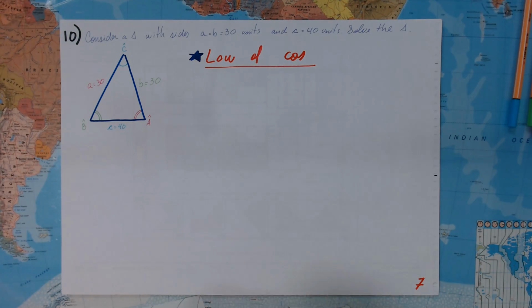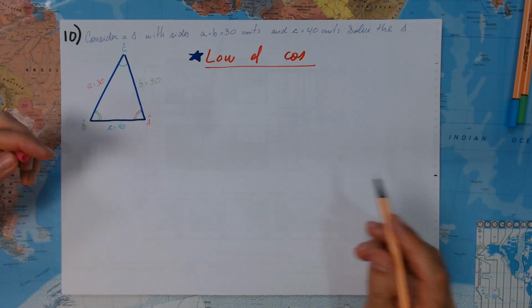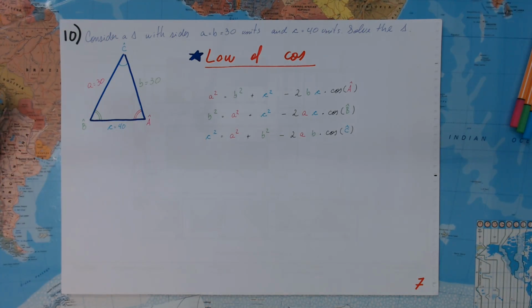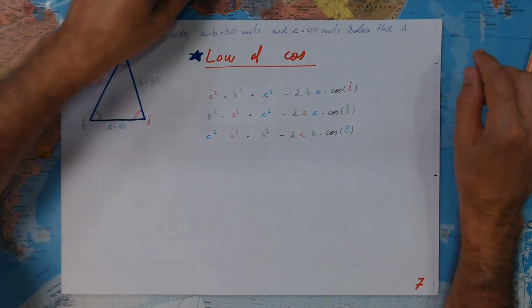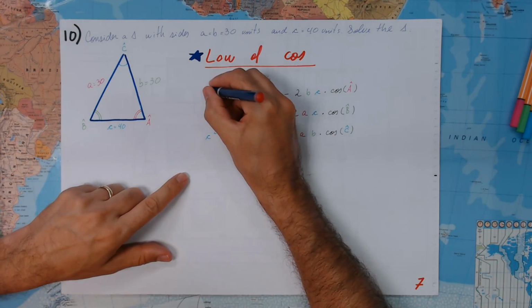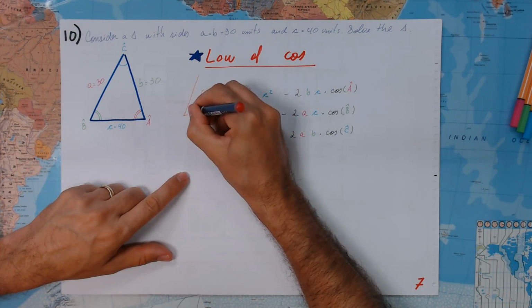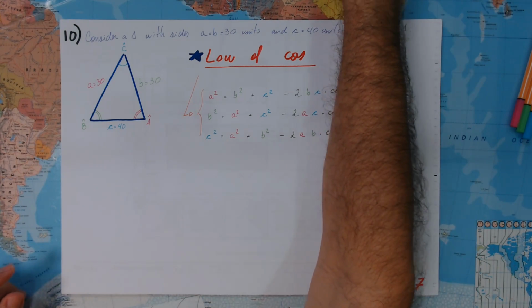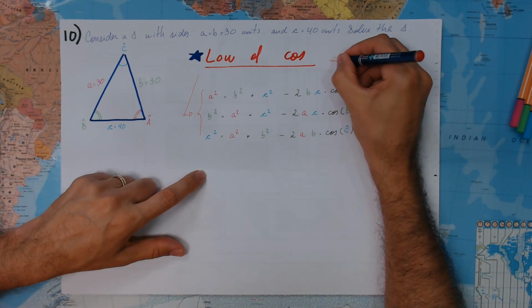We're going to use this law every time we have two sides and one angle in between, or just three sides, okay. But before, let me just write all the three formulas in here. And here are the three formulas that belong to this law. And I'm just going to write in here when we are going to use this formula.